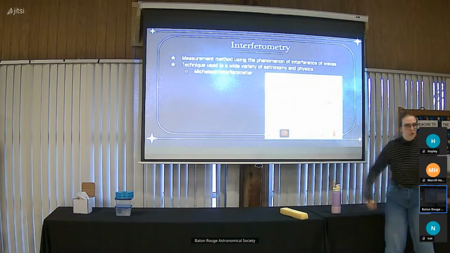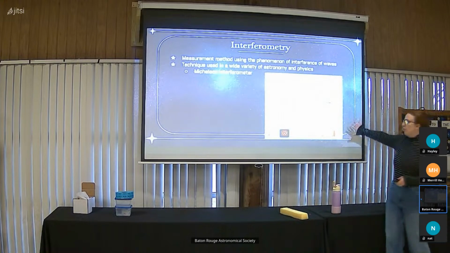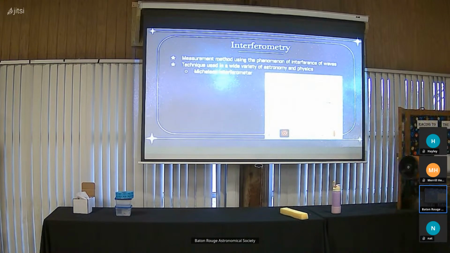LIGO is a different type of interferometer than what I use, but the Michelson interferometer here, and hopefully I'll stand out of the way so everybody can see, is the foundation of most interferometers in use today. This guy was an absolute genius, and he actually worked at Mount Wilson Observatory, which is where the interferometer that I use is located. So it's really cool. It's a very small world that astronomy is.